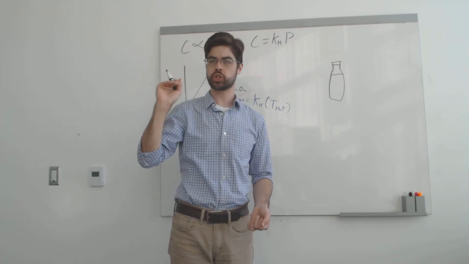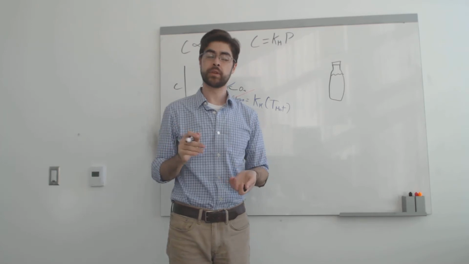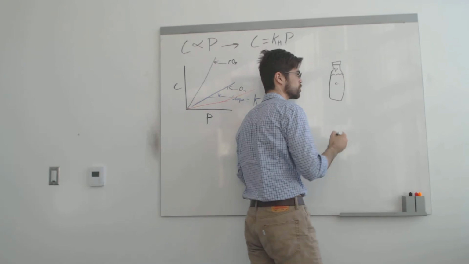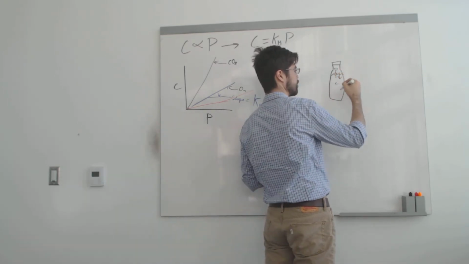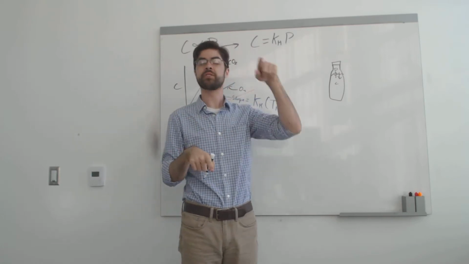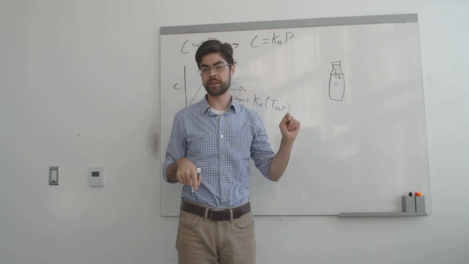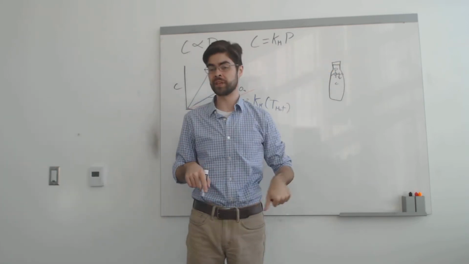And when I finished charging it, it was at equilibrium. So I had a certain pressure of CO2 and a certain concentration of CO2, and they were at equilibrium. Those are two arrows showing, okay, there's CO2 going into the liquid and there's CO2 going out of the liquid.